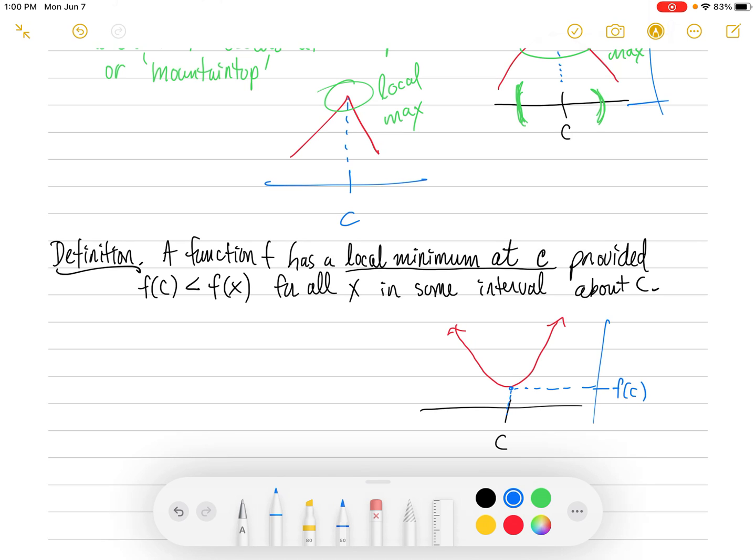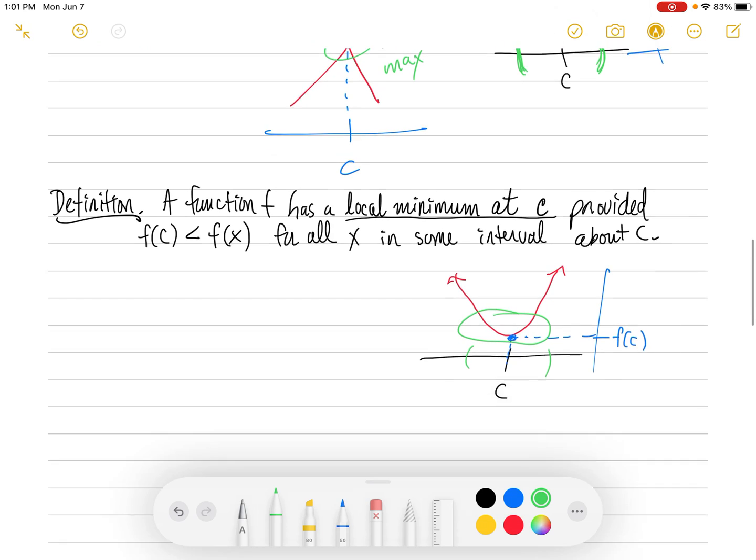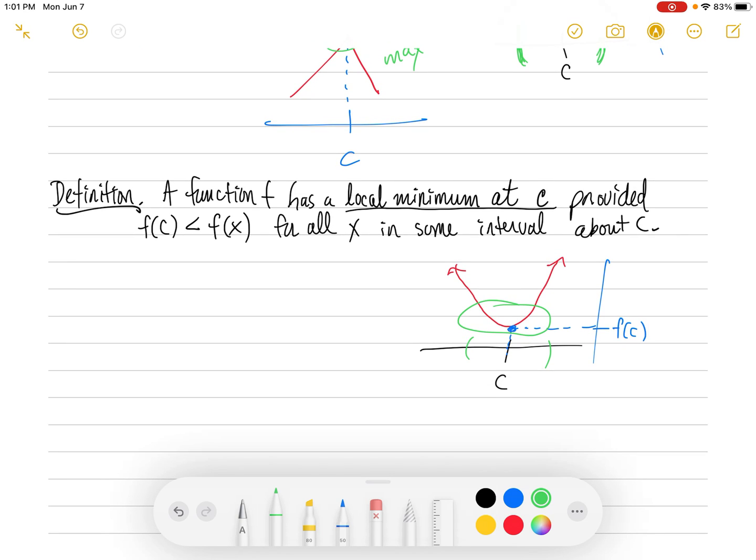That output's going to be f of c. Notice that f of c right here is going to be the lowest y value in this little region right here. So f of c doesn't necessarily have to be the lowest point on the graph, but just in some local area around c, it's the lowest point.